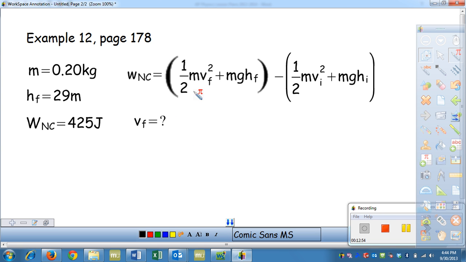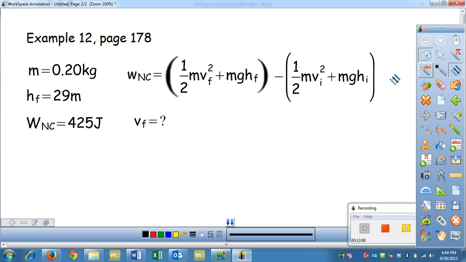Now let's see. V initial, let's remember this problem again. It's fireworks shooting up. Do we have a V initial? The firework follows an erratic path starting from rest, basically.